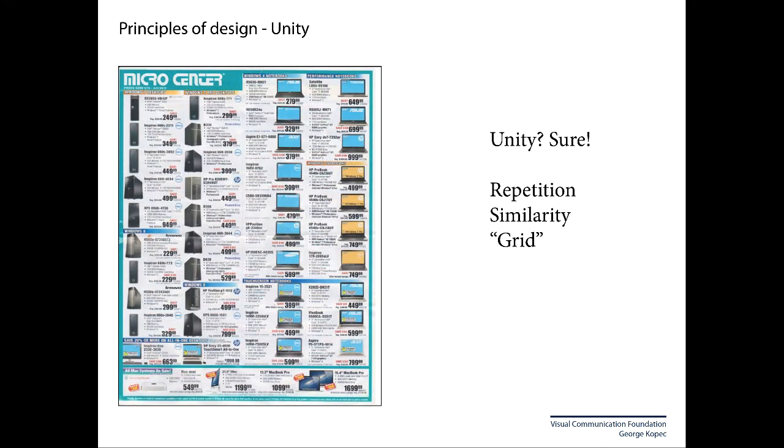Micro Center has this very standardized grid, but there's some thought put into this. First of all, when you put stuff in a grid, it's easier for the viewer to figure out. Secondly, the designer put similar objects all together: monitors with monitors, gray towers with gray towers. All the type is the same, very predictable.